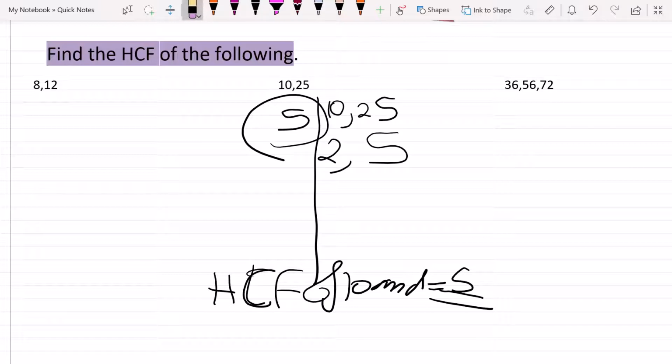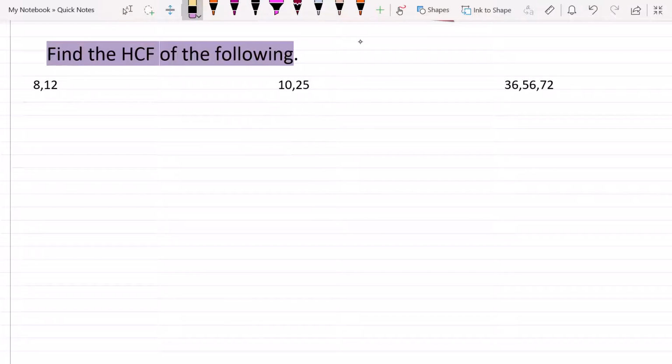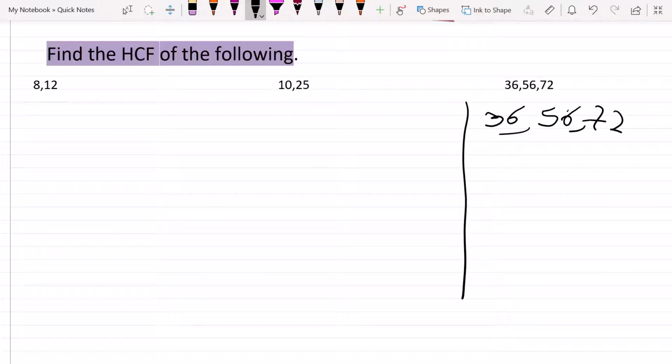And our last example for finding the HCF is 36, 56, and 72. The same step, we're going to write the numbers down and then put a division line. And here again we want to find a factor that's divisible by those three numbers. Of course it's 2.